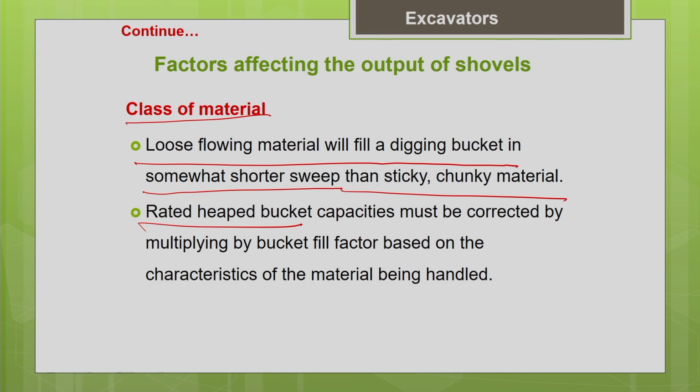Because some material can easily fill into the bucket, but some material will have a poor filling ability. So rocks may have poor filling ability, sand will have good filling ability. Accordingly, the actual load volume in the bucket will vary. So we are supposed to adjust the rated bucket volume given by the manufacturer according to the material type which we are going to handle at our project site.